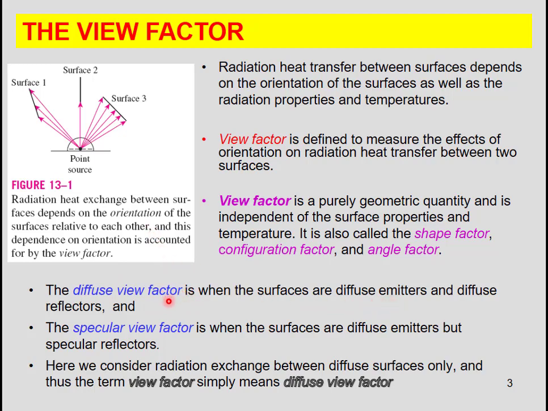If you remember from previous sessions, diffuse emitter or reflector means the radiation from the surface, which may be due to the temperature of the surface or due to the reflection of radiation from other surfaces, if it has a uniform distribution, we call it diffuse reflection or emission. And the view factor for such surfaces is called the diffuse view factor.